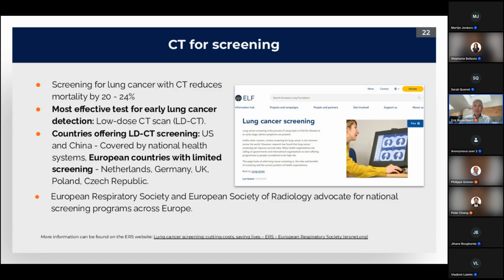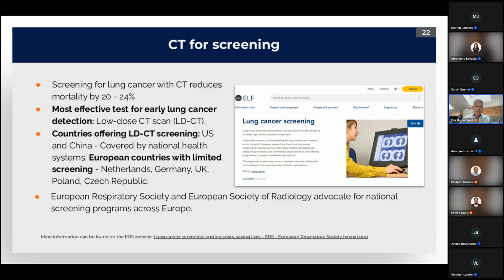The volume-based screening and growth rate assessment method proved very effective to identify lung cancer. The low-dose CT scan is a test that is currently seen as the most effective for finding lung cancer at an early stage.